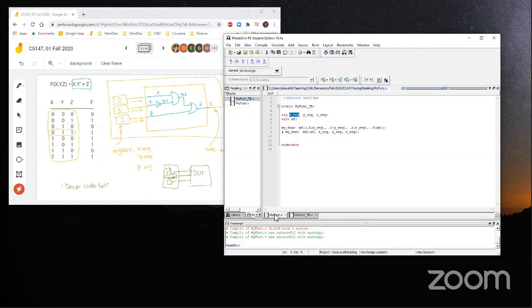And the other thumb rule is that if it is an output port, you are not allowed to connect it with a register. That will give you a compilation error. Okay.